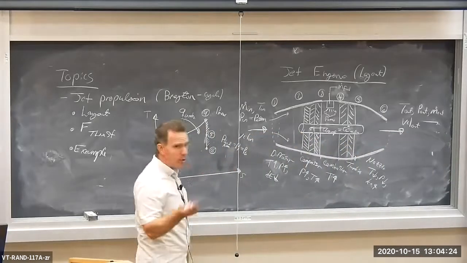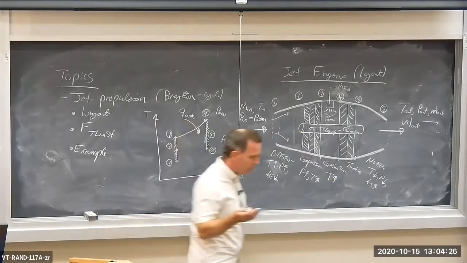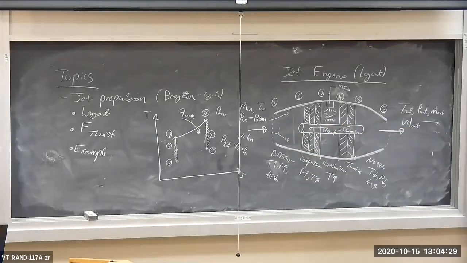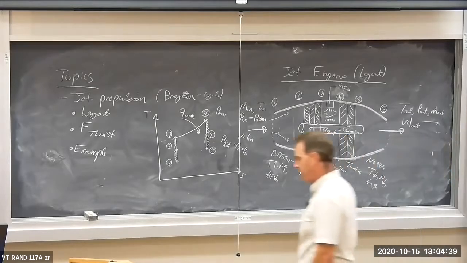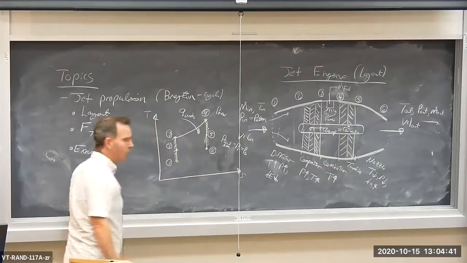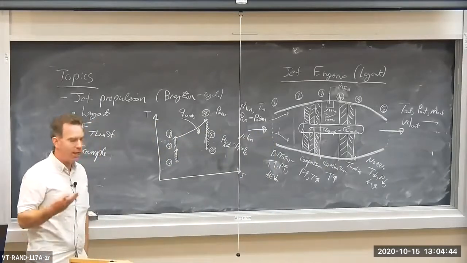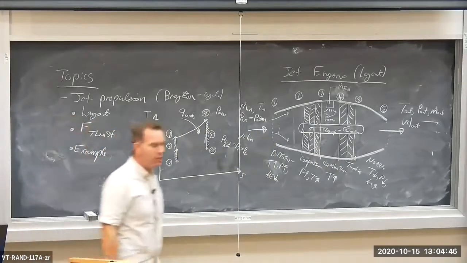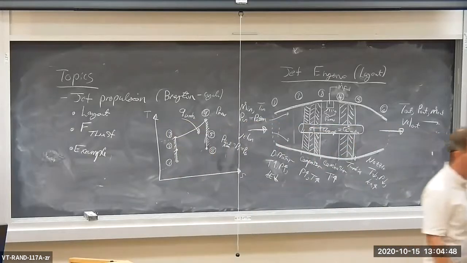Now, by the way, for those of you interested in aerospace, jet engines aren't used as much as they used to be. In the early days of jet propulsion, even commercial passenger airlines used jet engines. Today, to increase efficiency, they use what are called turbofans.